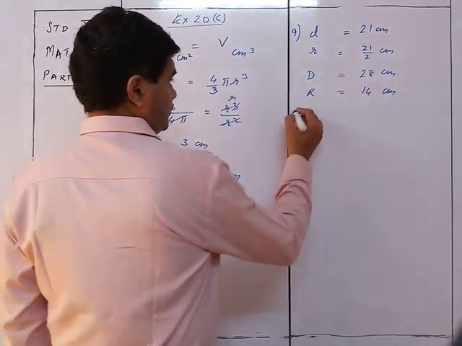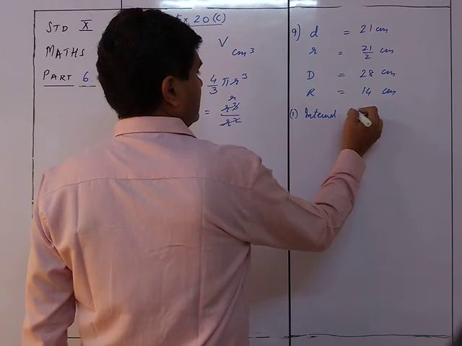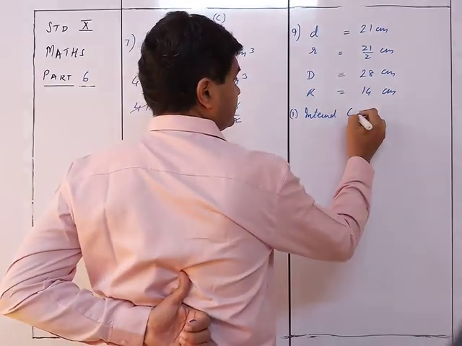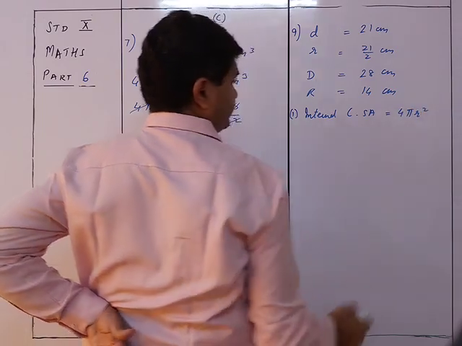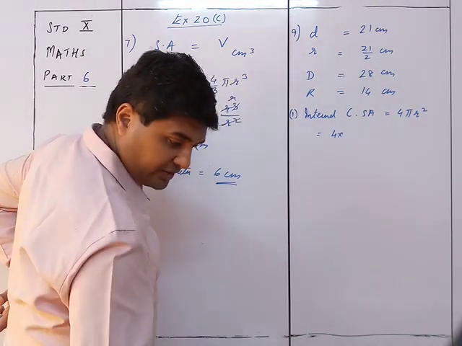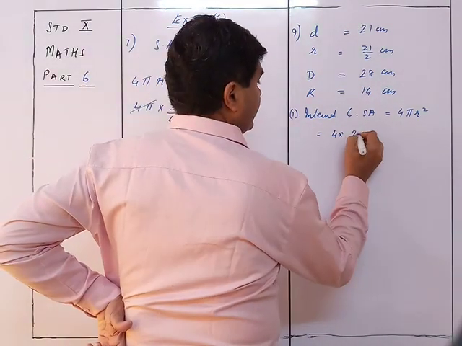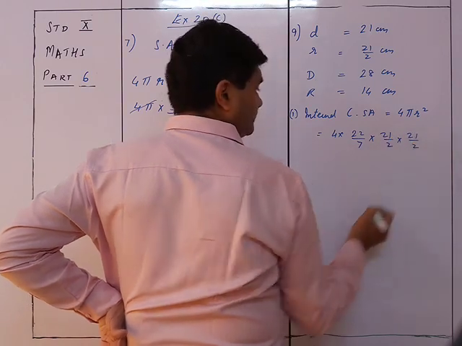Internal curved surface area. So the first thing is internal curved surface area, CSA. That is 4 pi r square. That is 4 into 22 upon 7 into 21 upon 2 into 21 upon 2.